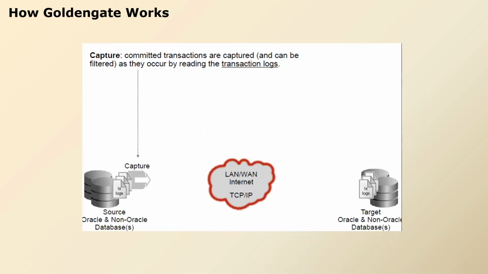Once those changes are logged into the database, the GoldenGate extract, which you see here as capture, is also called the extract process, which we were discussing in the previous slide. The GoldenGate extract process reads the transaction logs and captures the committed transactions. Remember, the transaction logs of the database contain committed as well as uncommitted transactions, but the GoldenGate extract process captures only committed transactions.